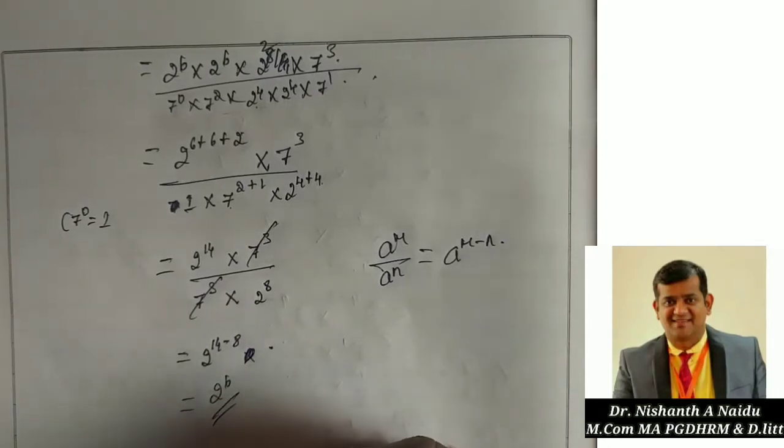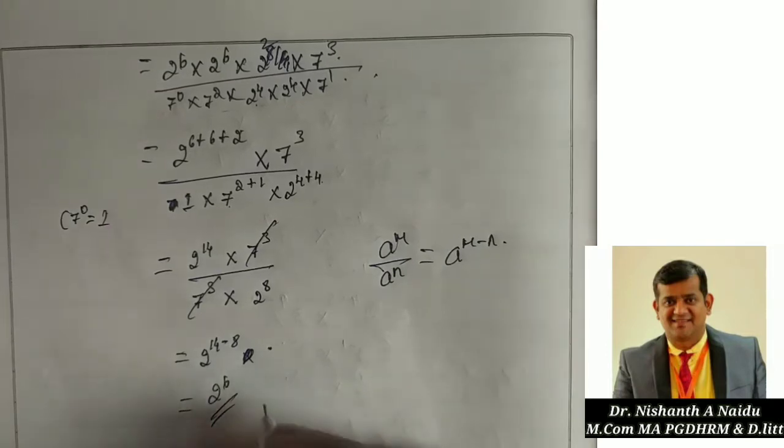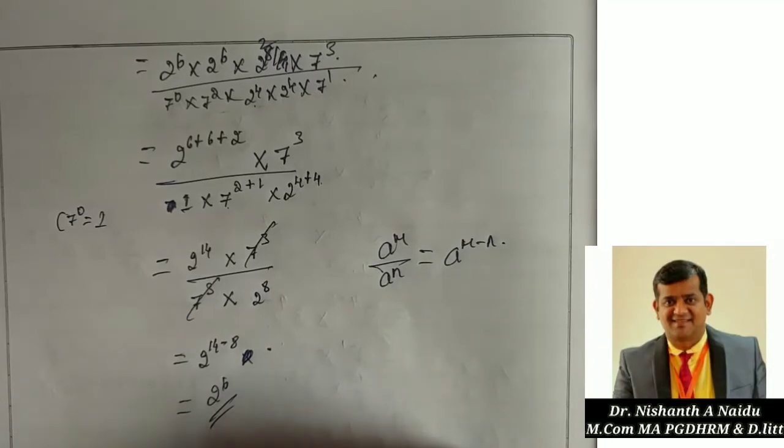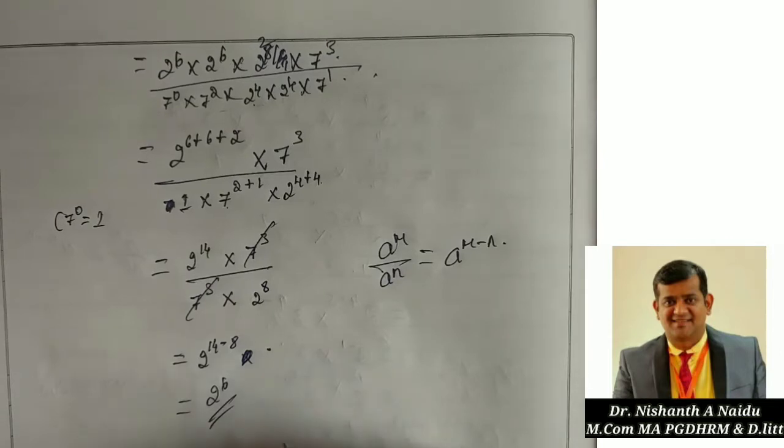So 2 to the power 6 is the answer. So 2 to the power 6, that is equal to what? That is equal to 64. 1, 2, 3, 4, 5, 6, 64.